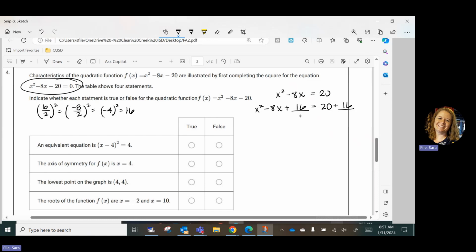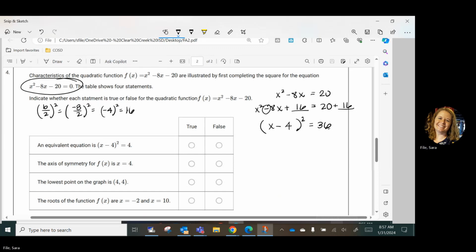Okay, now from this perfect square trinomial, I create a binomial squared. Remember the sign? It's going to stay as is, and it's half of b. So that's the 4. So x minus 4 squared equals, and then over here, that ends up being 36. Okay, so there's my equation in a different format.